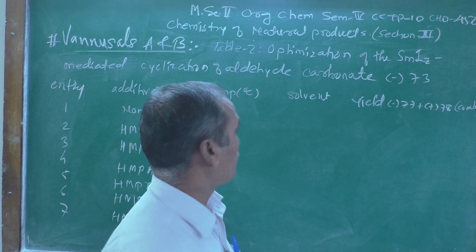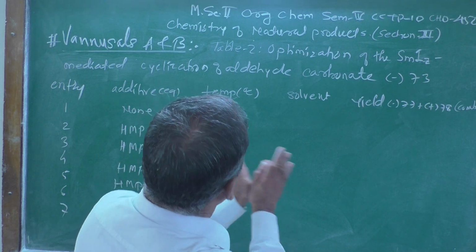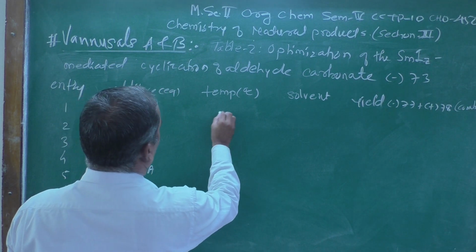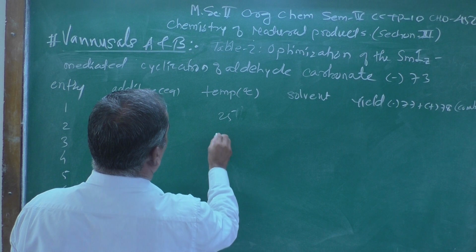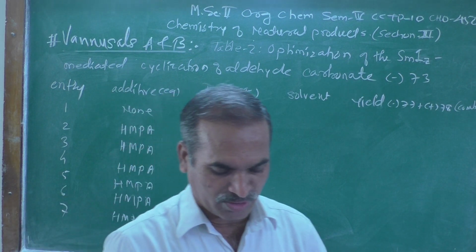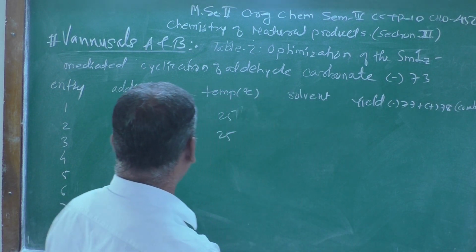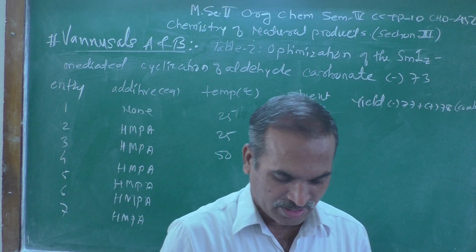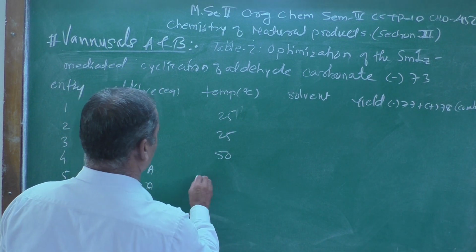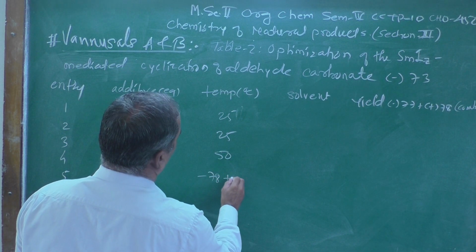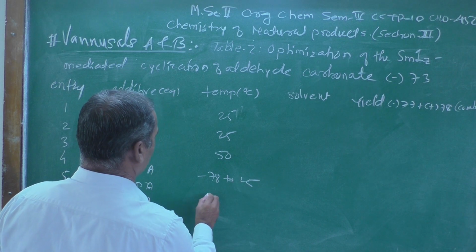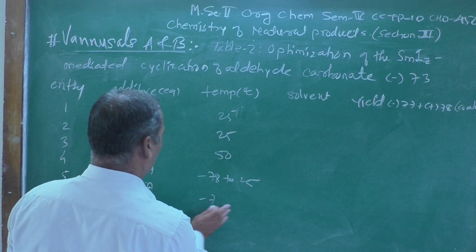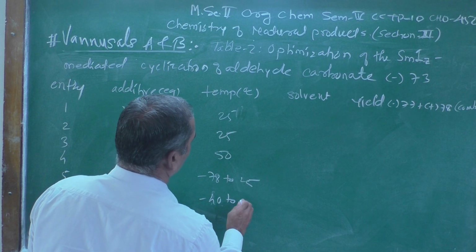And now the temperature kept during this conversion, this cyclization. In the first 2 entries it is 25, then the temperature is exactly double, 50 degrees centigrade, and after that they changed the temperature, minus 78 to 25, meaning room temperature, minus 40 to 25, minus 40 to 25.